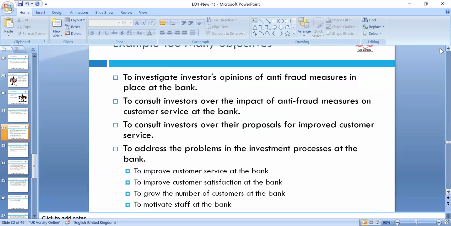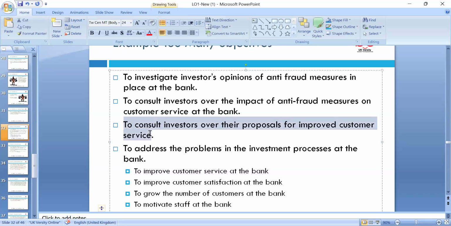So we can look at this: to investigate the investors' opinions on the anti-fraud measures in place at the bank, to consult the investors over the impact of anti-fraud measures on customer service at the bank, to consult with the employees about the investment appraisal, and to propose a new investment appraisal method to enhance performance within the organization.